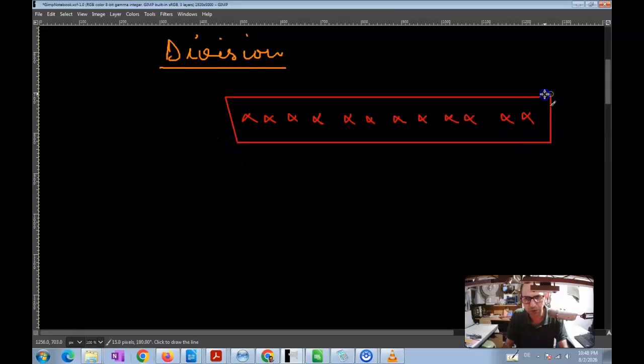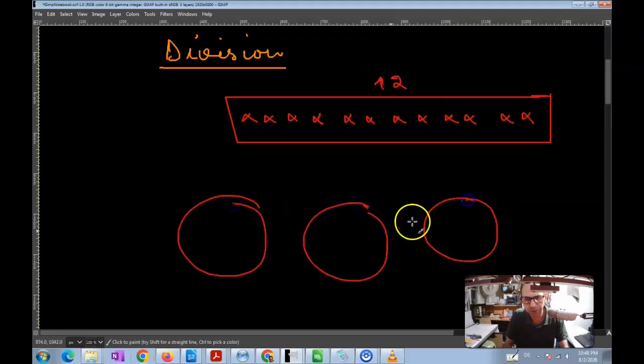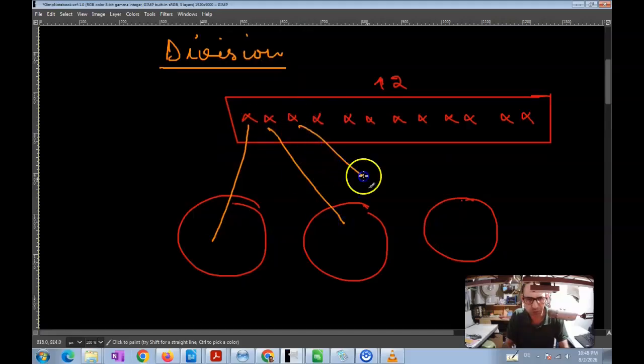And I want to divide these objects among, for example, 3 groups, right? So how do I do that? Of course I don't know how many objects each group is going to get in the end. So I'm going to give 1 object to this group, 1 object to this group, and 1 object to this group. That's the first round of my division.